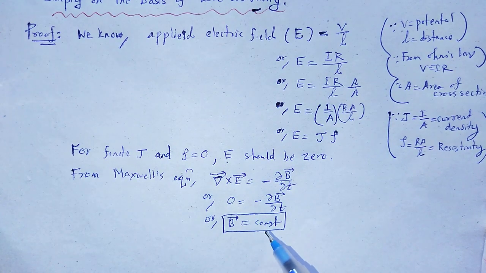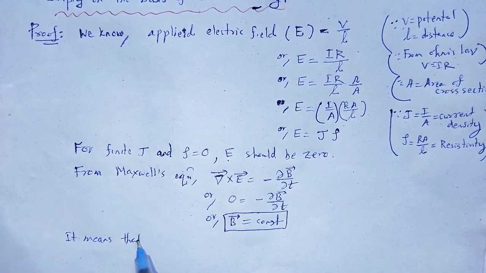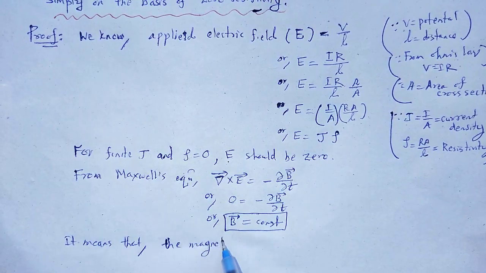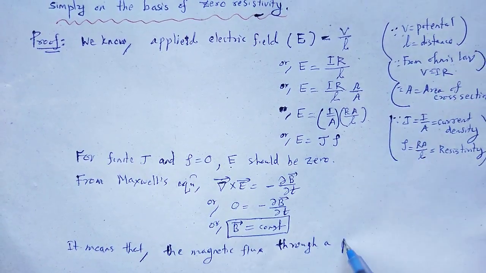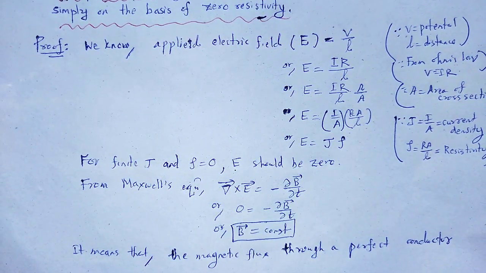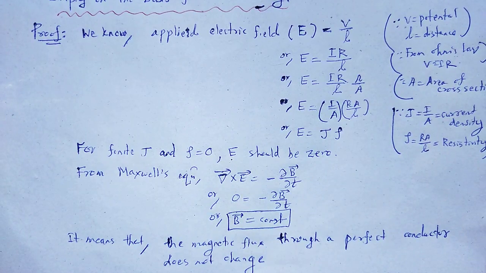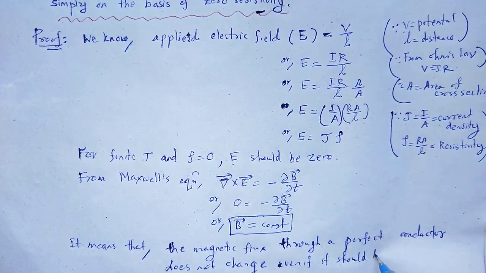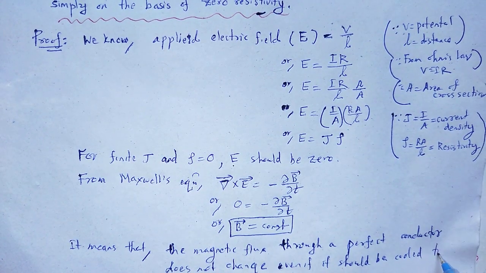What does that particular expression indicate? It means that the magnetic flux through a perfect conductor does not change even if it is cooled to its critical temperature.